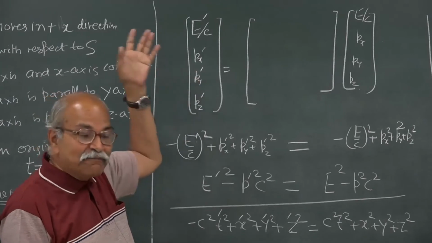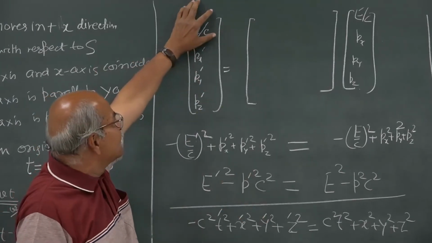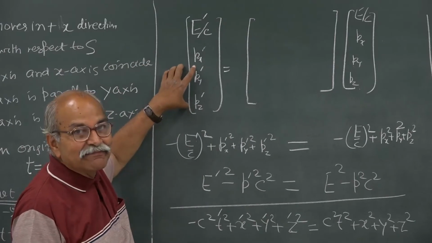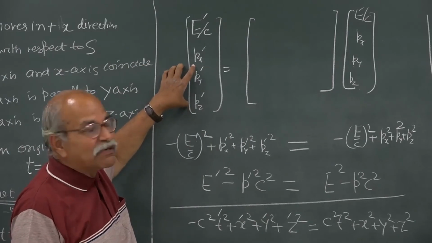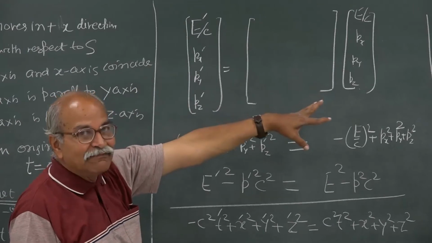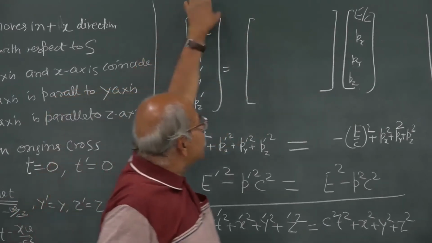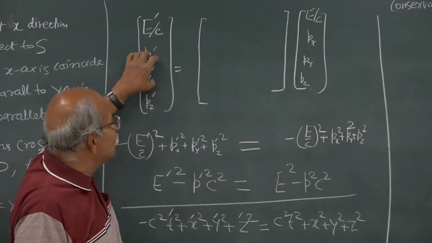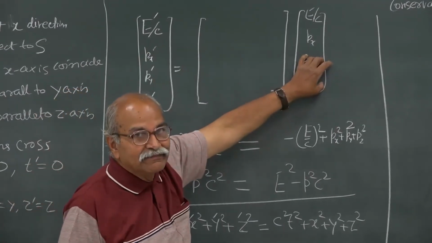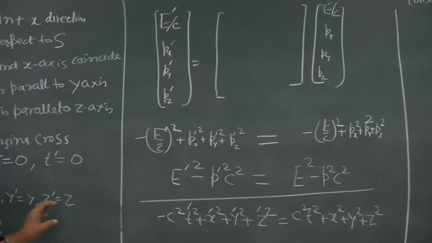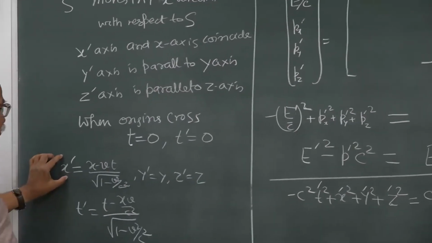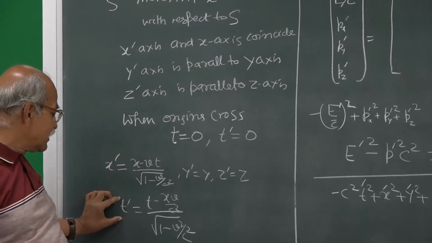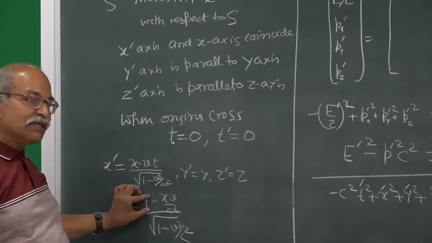So in one particular frame, yes, you have a separate existence of energy and a separate existence of linear momentum. But when you change to some other frame, this energy is not related solely to this energy, this linear momentum is not related solely to this linear momentum, just like this position x is not related solely to this position x, or this time here is not related to time here.